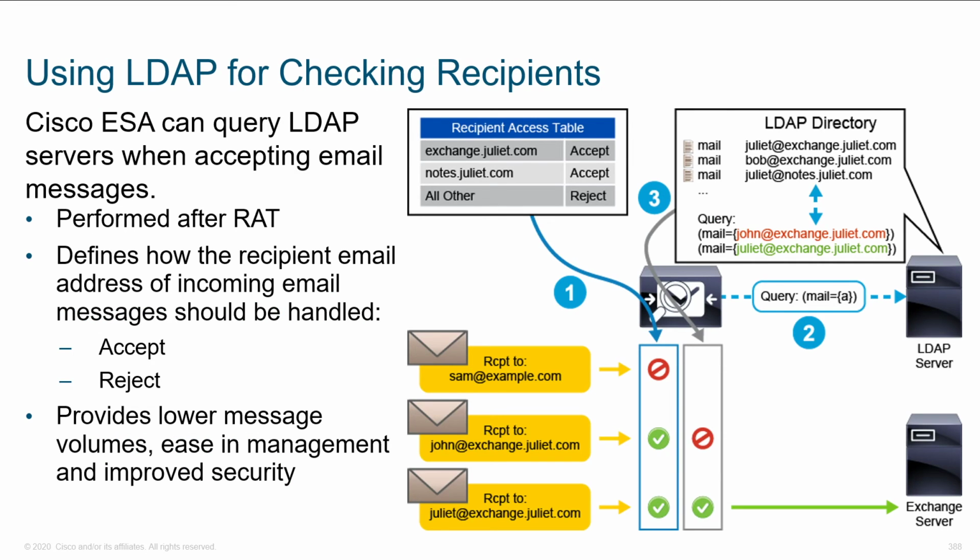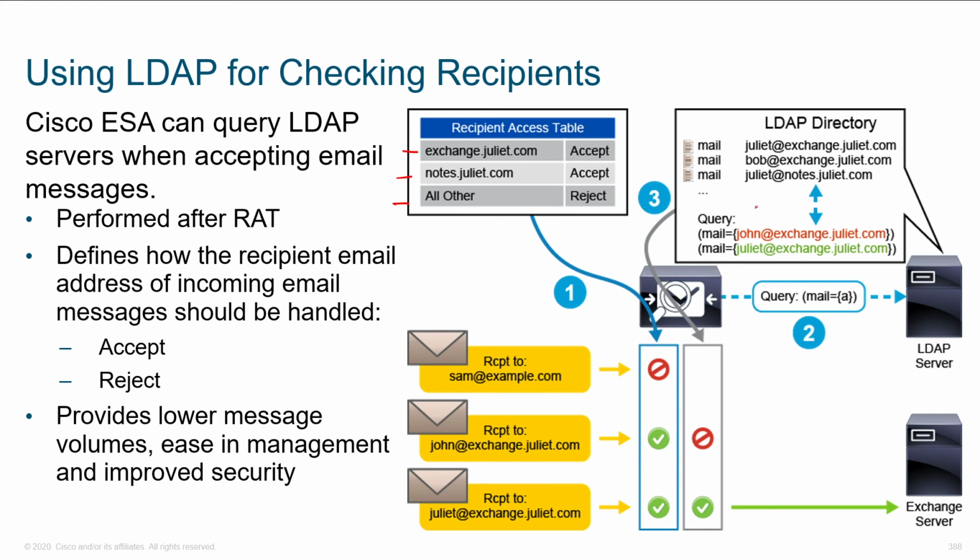So leveraging LDAP for checking recipients, remember that the ESA can query an external authentication server just to make sure that that user lives there. And then we can define how the recipient email address of an incoming email message should be handled. Again, just a basic accept or reject. So what we see here is our recipient access table says if it's exchange, if it's notes, accept, all other reject.